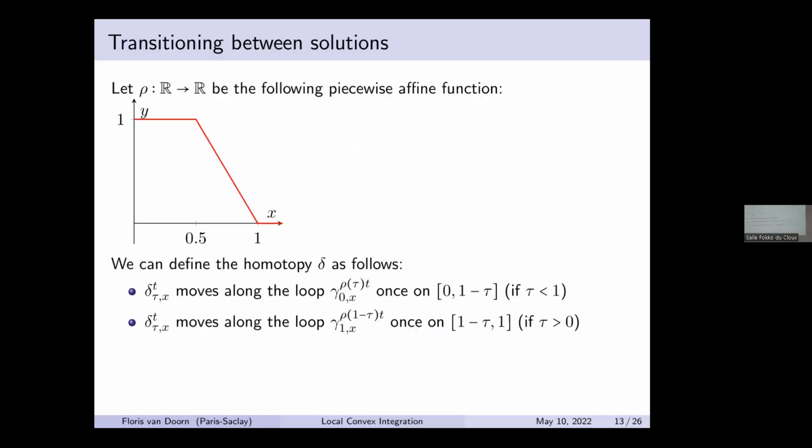And then for tau greater than a half, we're slowly shrinking this gamma, what we're moving along, down to the constant loop, and we are keeping this constant. And that is for t equal to 1, and then for t less than 1, we're just multiplying the top argument by t to shrink that whole process down to the constant homotopy.